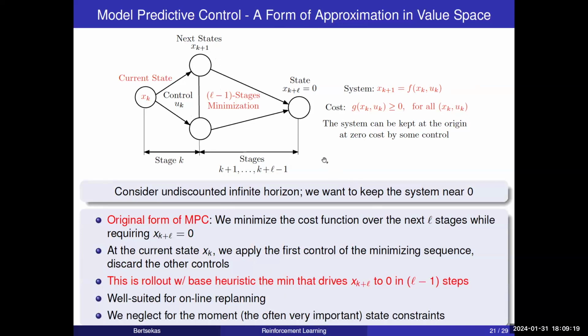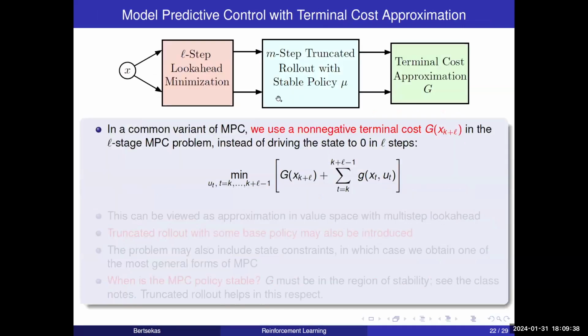Now, in the original formulation, for the moment, we're going to neglect state constraints, which turn out to be very important in the context of MPC. But we'll just disregard them for the moment and deal with them later. This is the original form, but people quickly came up with extensions involving the lookahead minimization.